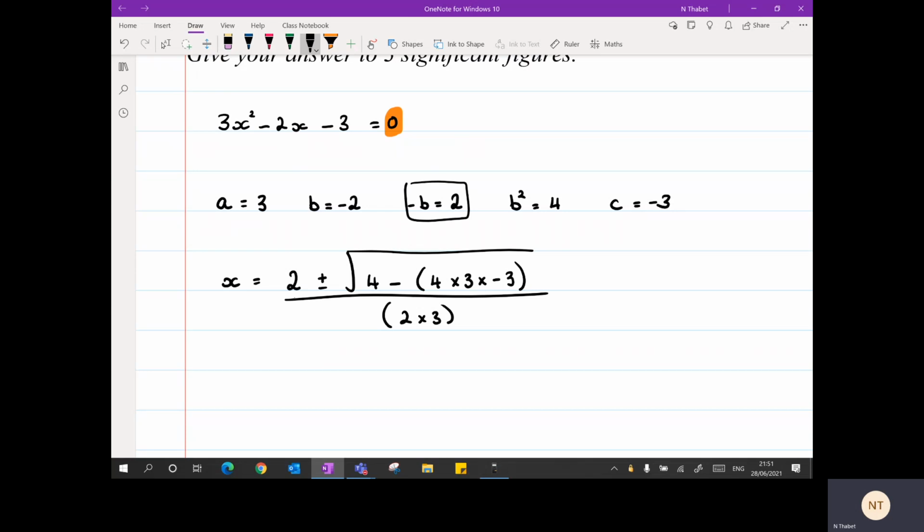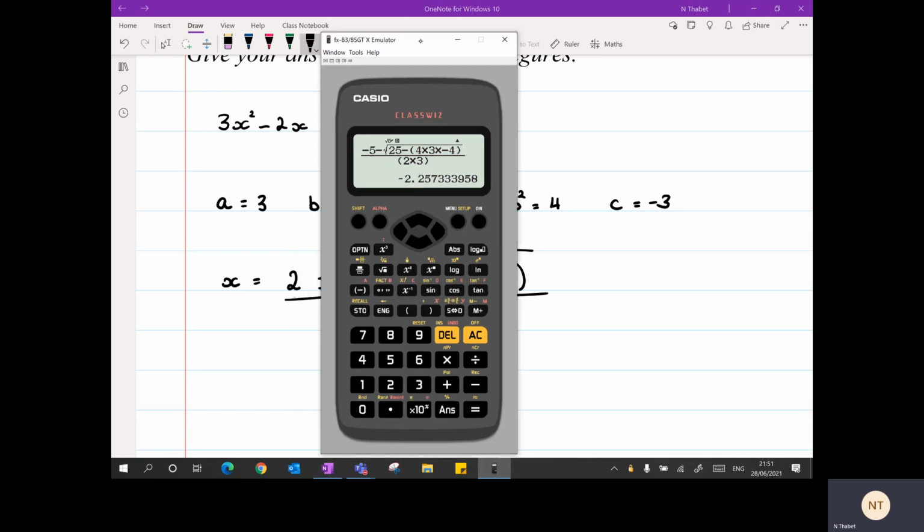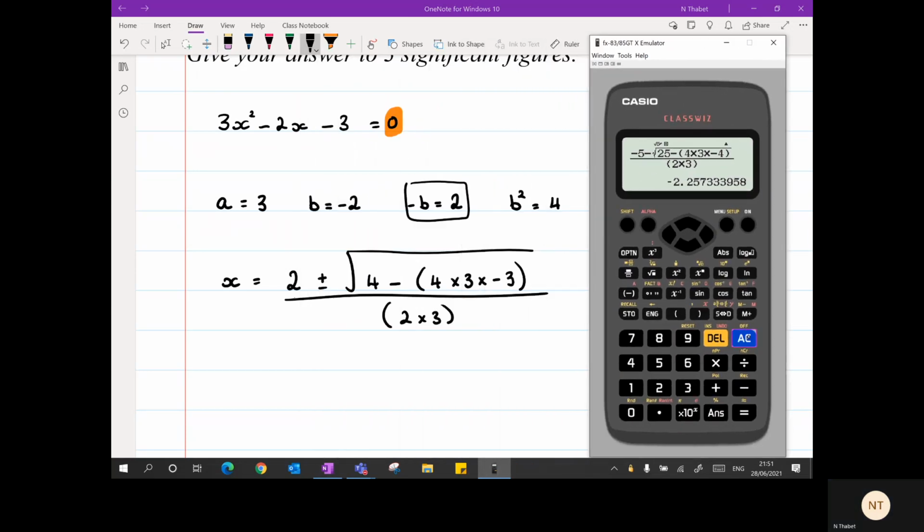which is 2 times 3. Again, you'd get your calculator, and you'd get your fraction button, 2 plus square root 4 minus open brackets 4 times 3 times negative 3, divided by 2 times 3 and equals, and SD button. 1.39 to 3 significant figures.